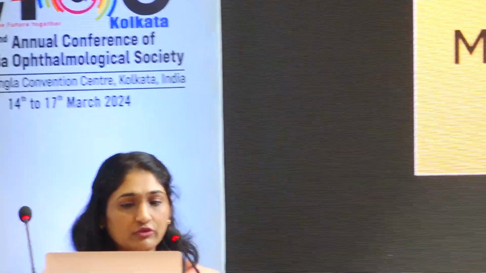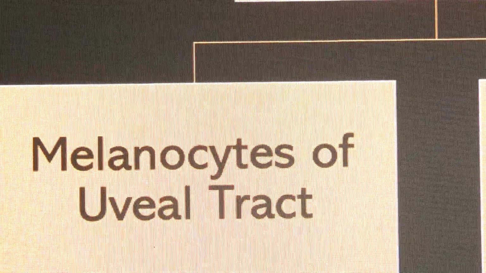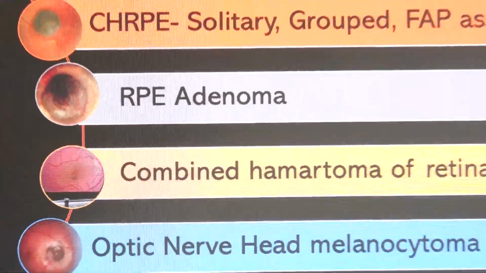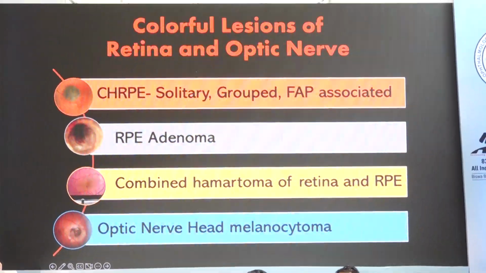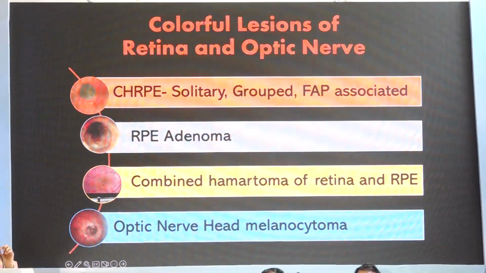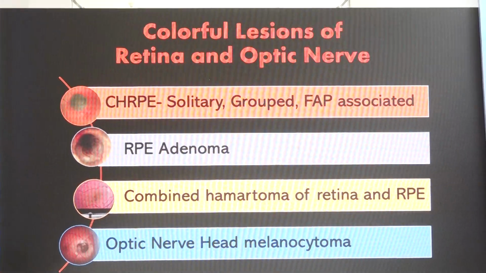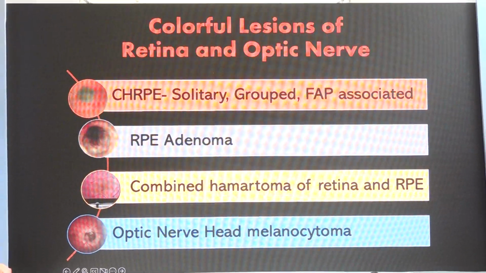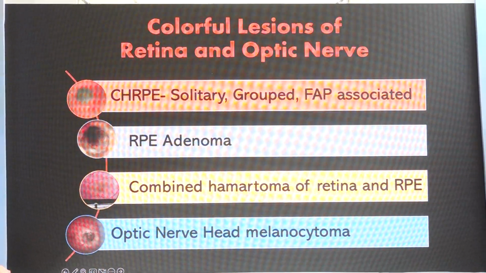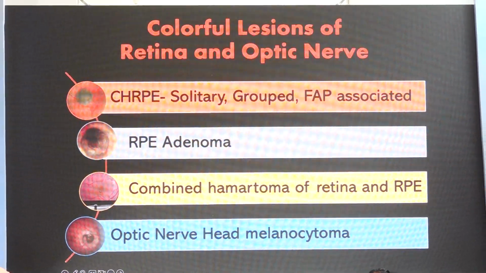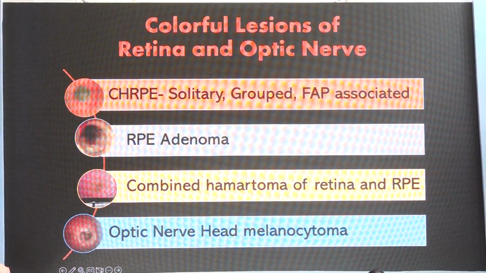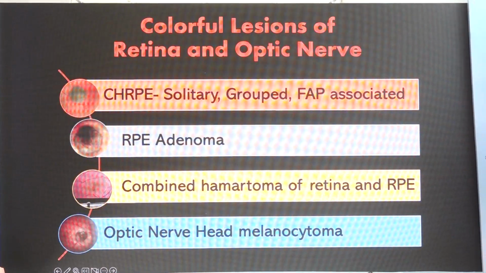Where does the pigmentation come from in our intraocular tumors? The primary intraocular pigmented lesions can be either from your melanocytes of the uveal tract or from pigmented epithelium. We are going to cover a few of these lesions, including congenital hypertrophy of retinal pigment epithelium, RPE hamartomas, a combined hamartoma of RPE and retina, and optic nerve head melanocytoma.